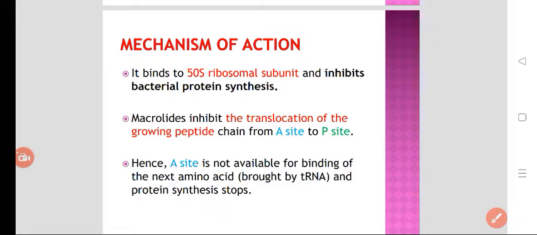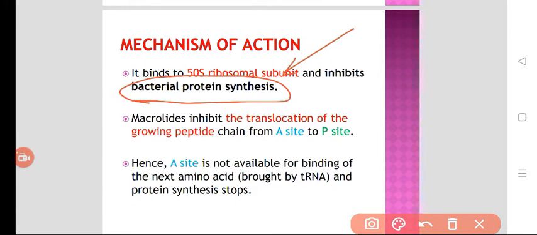Now what is the mechanism of action? It binds to the 50S ribosomal subunit and inhibits bacterial protein synthesis.